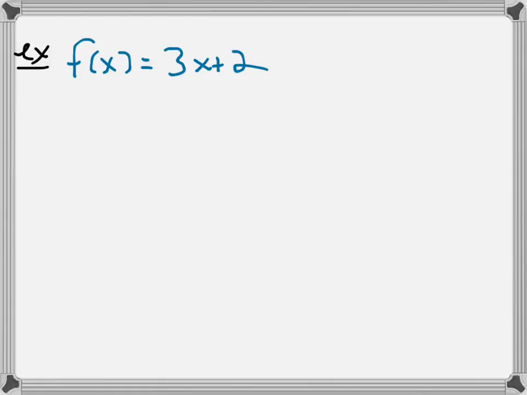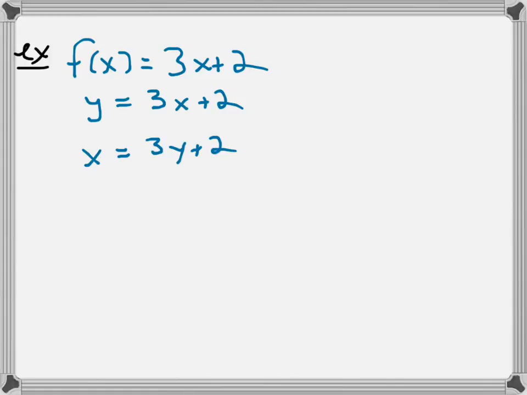So I said step one is just simply replace f of x with y. The next one is the inverse step. This is where we actually switch stuff around. Everywhere there was an x, I'm going to put a y, and everywhere there's a y, I'm going to put an x.